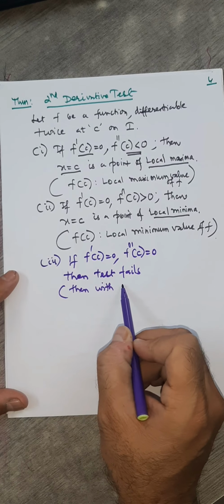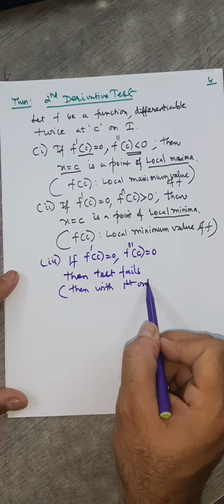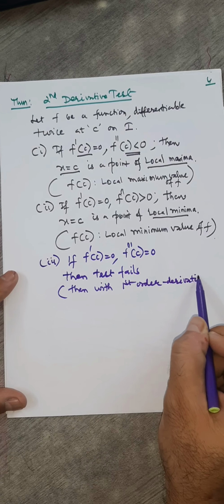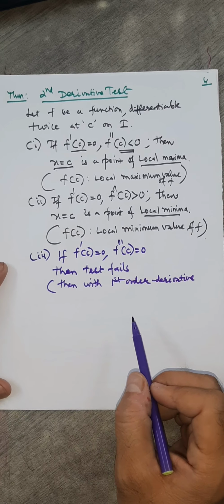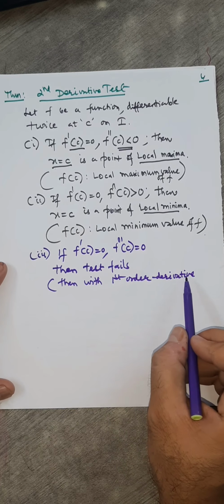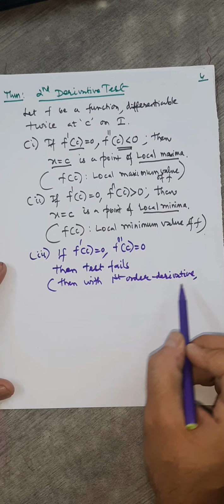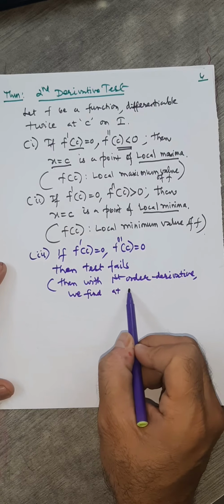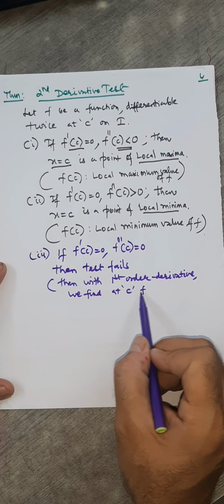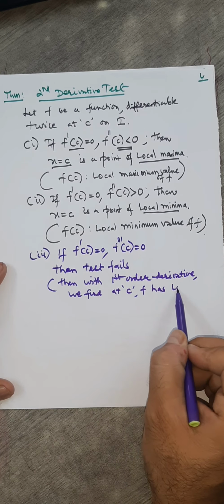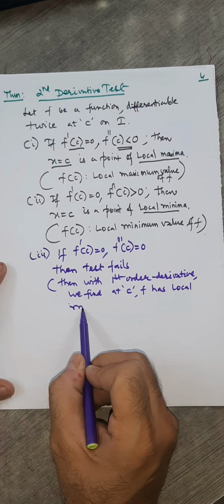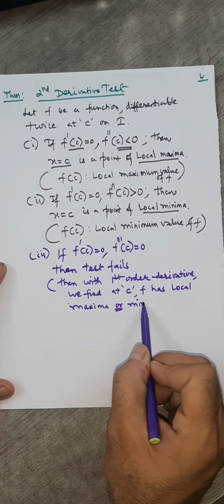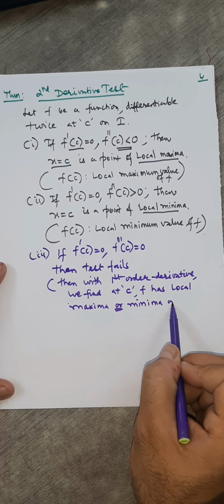Then with the first order derivative, that is f dash x, we'll see examples. You'll realize with the first order derivative we need to find whether at c, f has local maxima or minima or not.